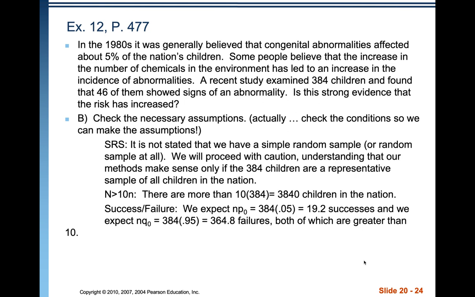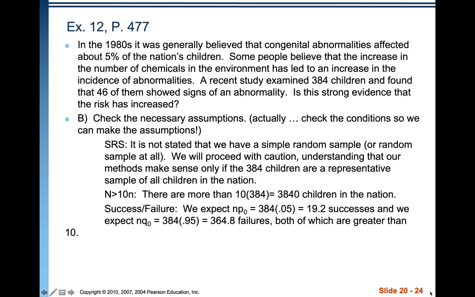And for success failure, we expect n times the hypothesized value of p. N times p naught is 384 times 0.05, which is 19.2 successes. And n times q naught, 384 times 0.95, is 364.8 failures, both of which are greater than 10.